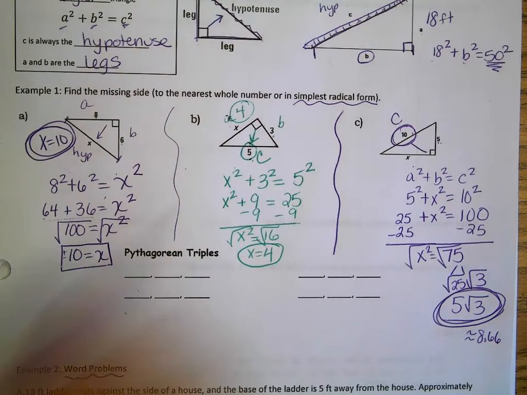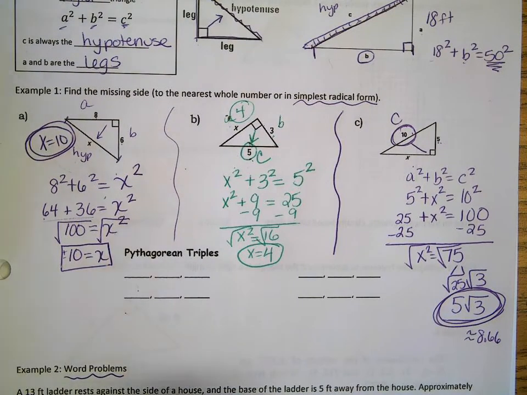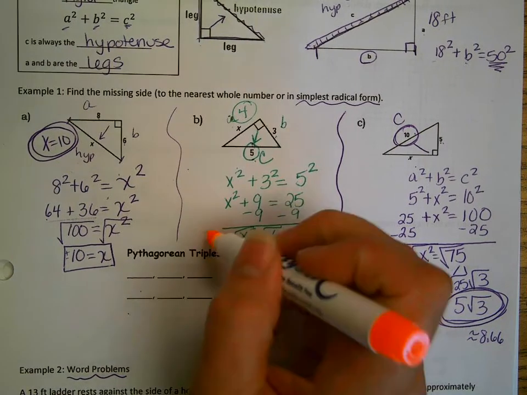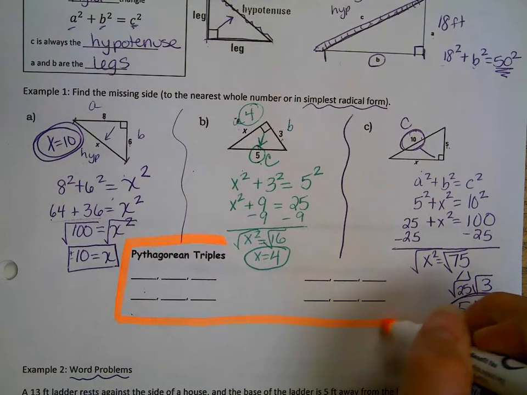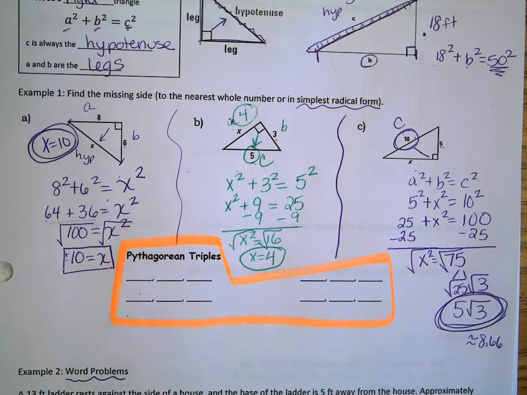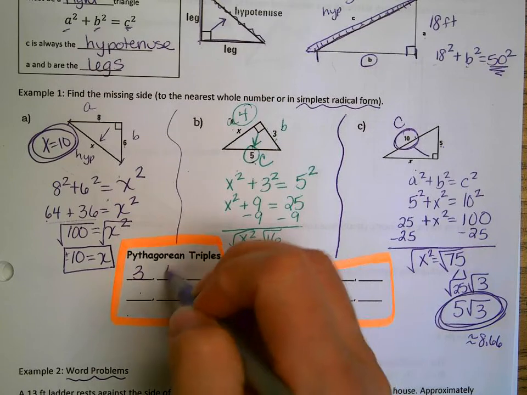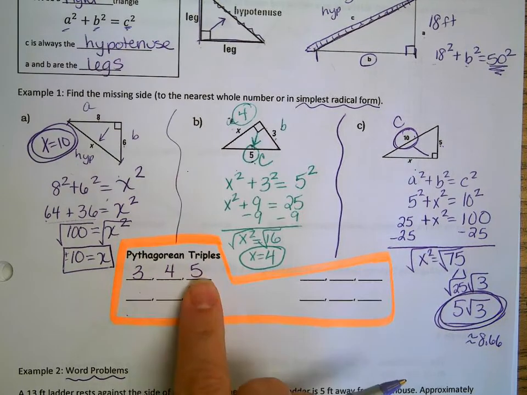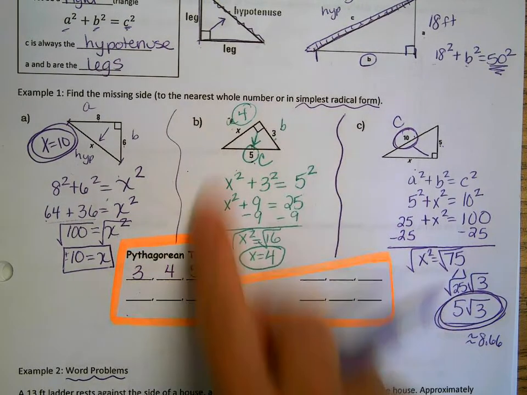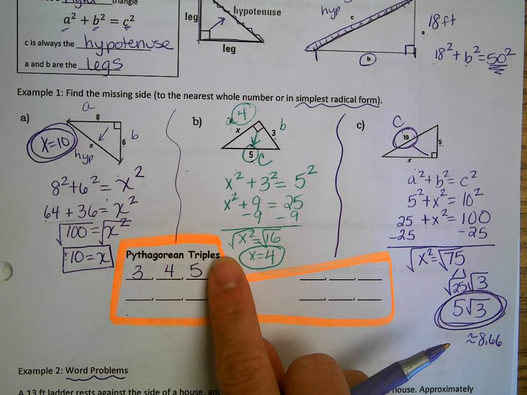But these Pythagorean triples that I kind of have outlined in the middle of my paper, just want to draw some attention to them. So these Pythagorean triples is not necessarily something you need to know. It's just helpful to know that if you had the numbers 3, 4, and 5, those 3 numbers always make this Pythagorean theorem true.